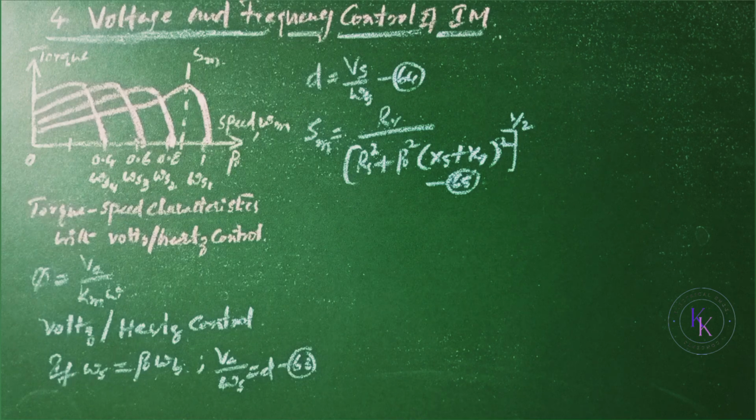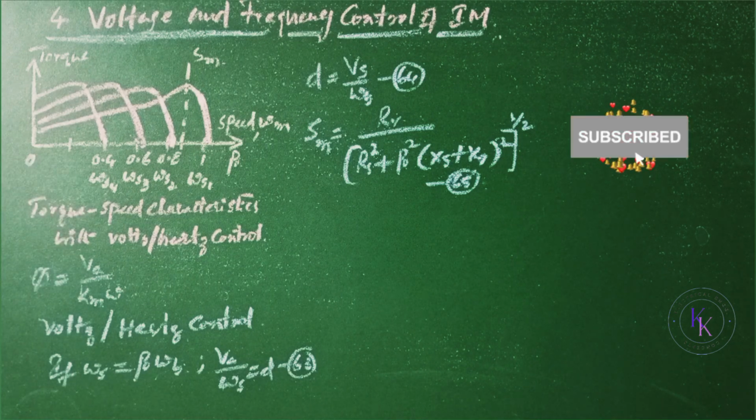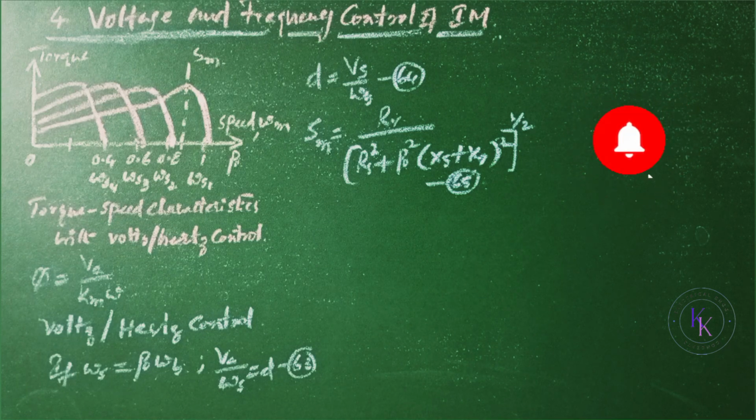The typical torque speed characteristics are as shown in this figure. As the frequency is reduced, beta decreases and the slip for maximum torque increases. For a given torque demand, the speed can be controlled according to equation number 64 by changing the frequency. Thereby, by varying both the voltage and the frequency, the torque and the speed can be controlled.